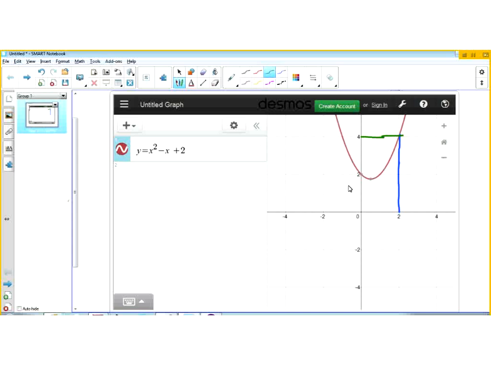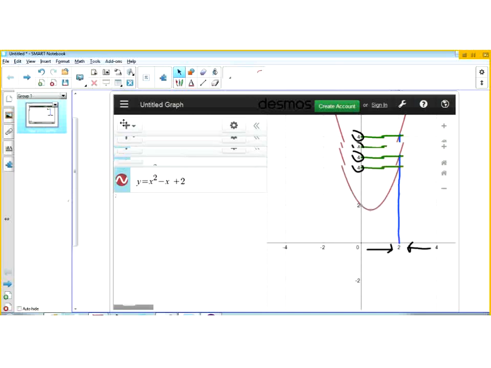So we anticipate that as we approach 2 from values of x less than 2, the output would be 4 right here. And by a similar strategy, as we approach 2 from x values bigger than 2, we anticipate the same output, which is 4.